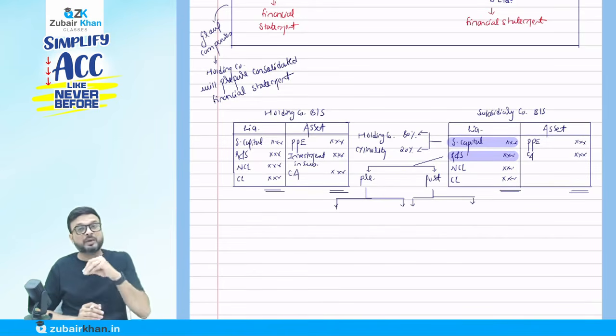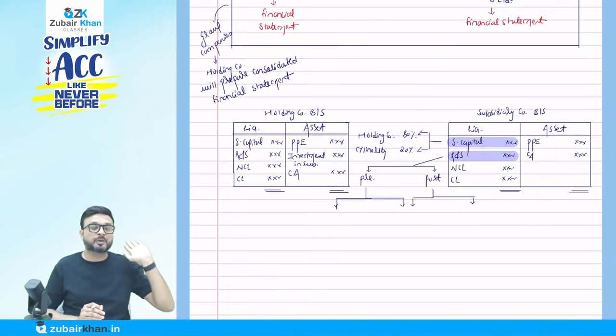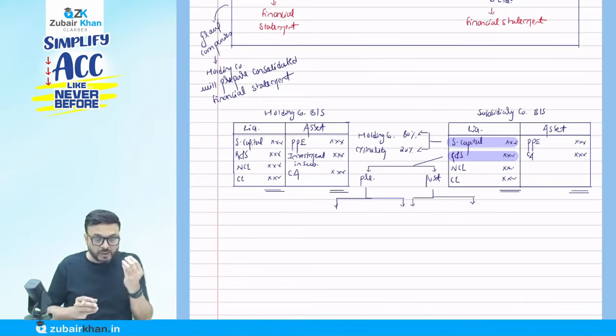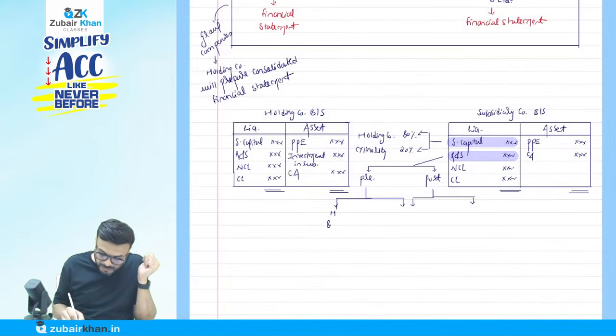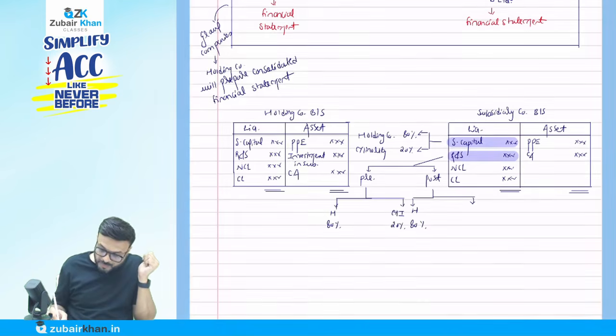But if we hold only 80%, then 80% belongs to us and 20% belongs to the minority interest. So pre-acquisition profit: 80% belongs to the holding company in our example, and 20% to the minority interest. Same for post-acquisition profit: 80% belongs to the holding company and 20% to the minority interest.